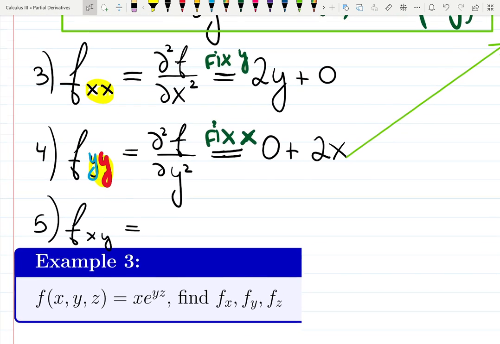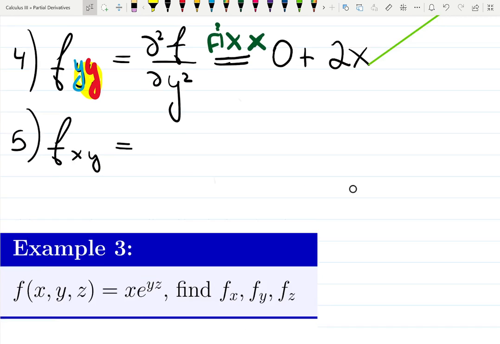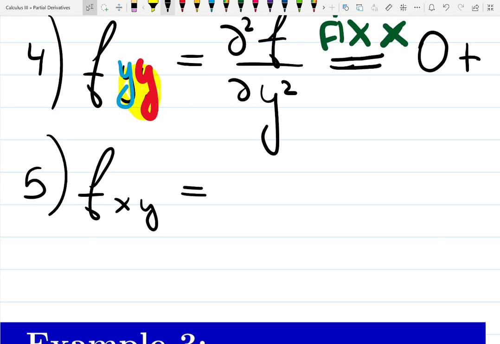The fun one is this one. How about this? The mixed one. So how to read this notation, f, x, y. First of all, the notation will be different. The first partial derivative was taken with respect to x.